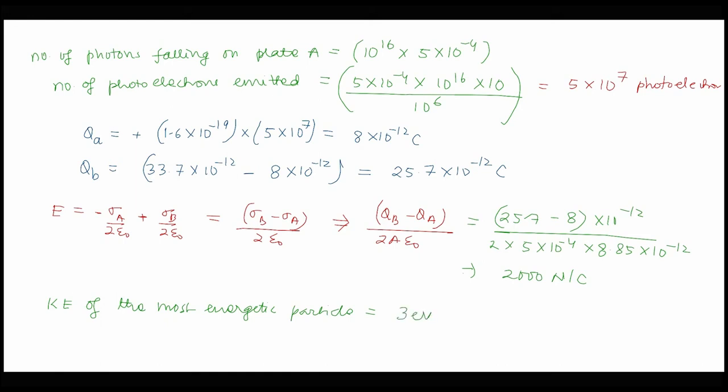So it will get 20 electron volt energy more. Why? Because the separation between them is 1 centimeter. So I can calculate that the potential through which it is accelerated is 2000 into 1 by 100, which gives a value of 20 electron volt, and hence the value is equal to 23 electron volt. So the kinetic energy of the most energetic particle is 23 electron volt.